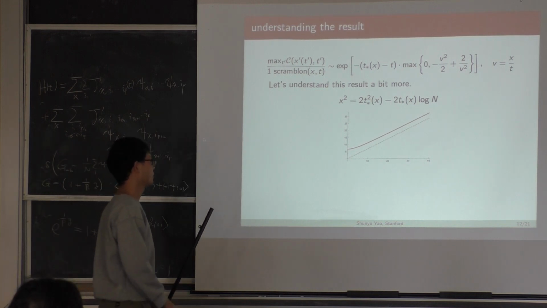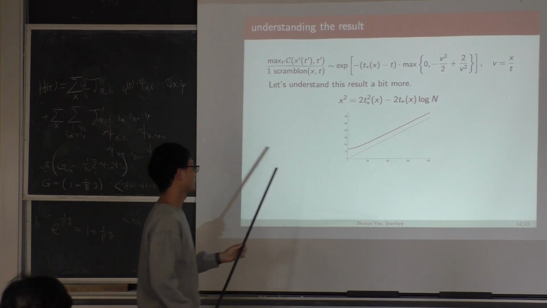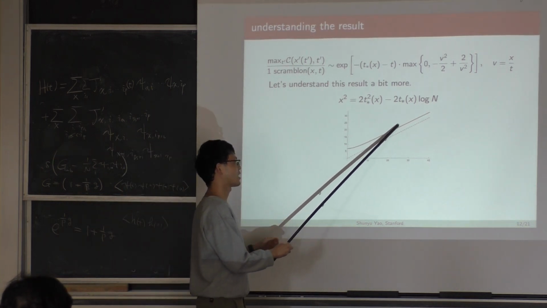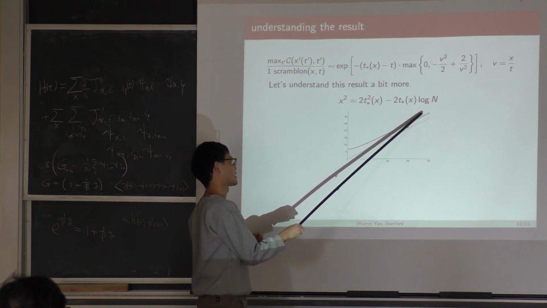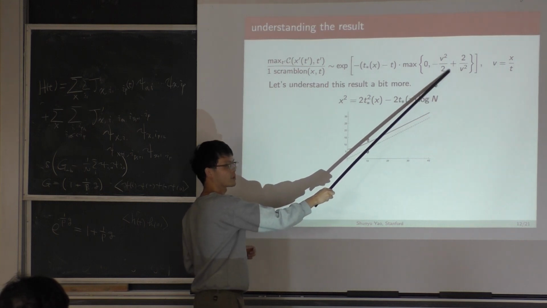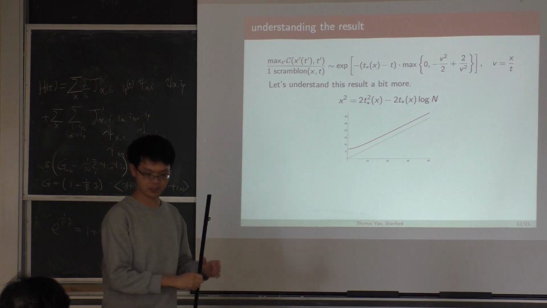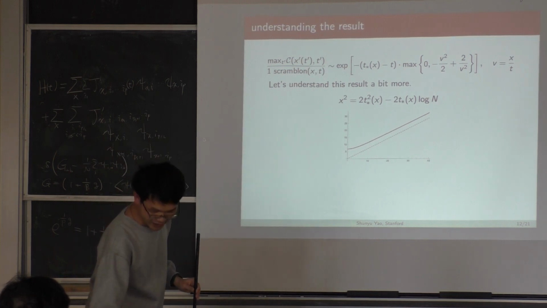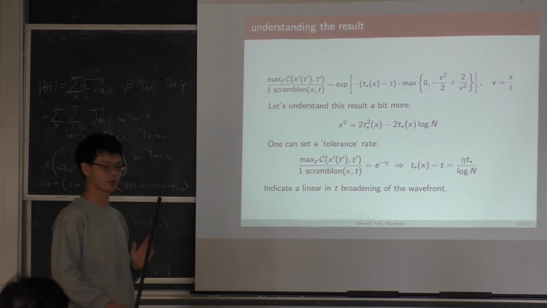So what this tells you naively is when you go far and farther along this butterfly cone, this coefficient becomes smaller and smaller. So the suppression becomes weaker and weaker. And maybe to uncover that even more, let's set some tolerance rate for us.